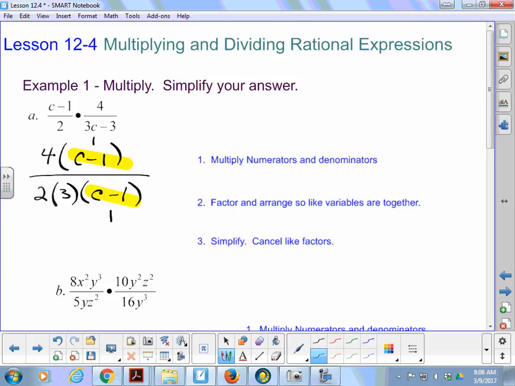And then 2 goes into 2 once, 2 goes into 4 twice. So we can cancel the 4 and the 2. So what do I have left? In the numerator, I have a 2. In the denominator, we've got 1 times 3 times 1 is 3. So this is just 2/3.